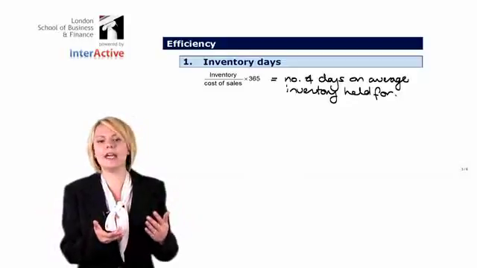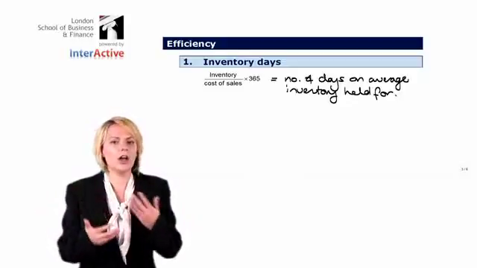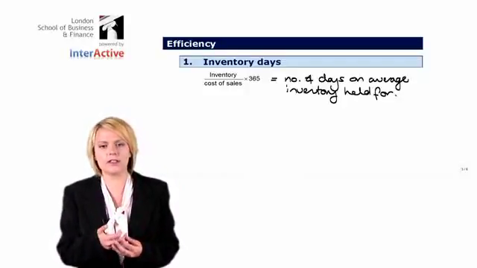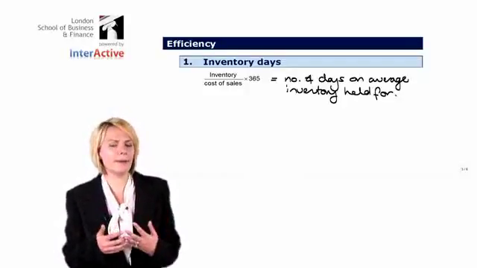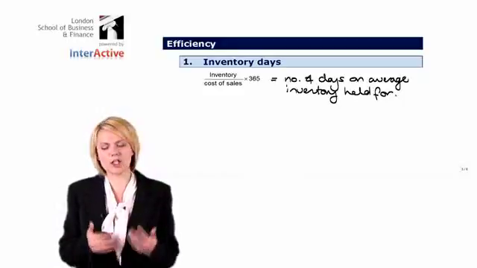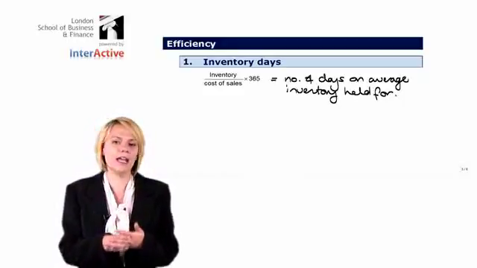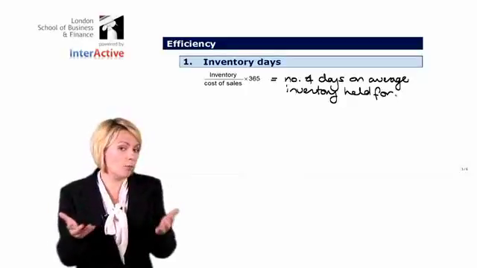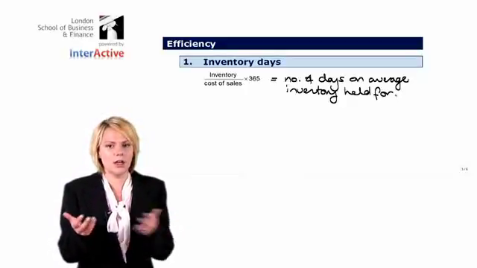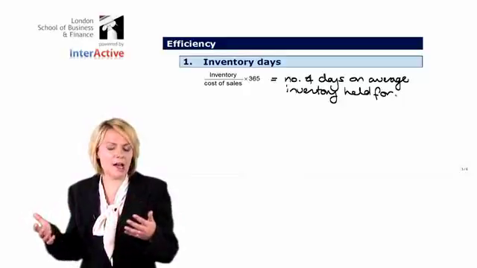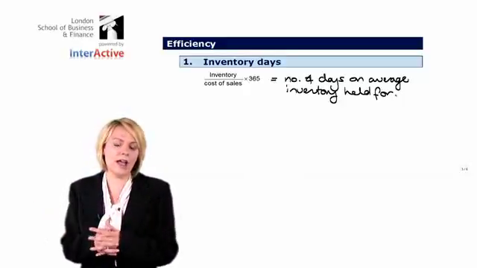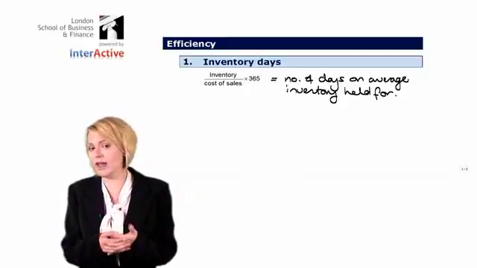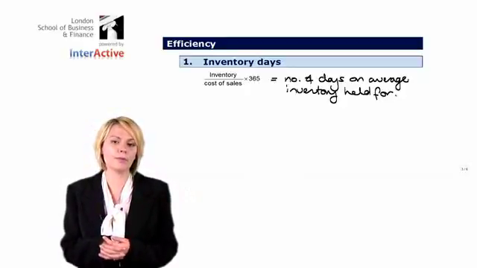Well in excess of a year, because they have a slow-moving inventory because it is the nature of their business. So really it depends on the type of business as to what is considered a healthy inventory holding period. For most businesses, no more than 30 days. But for construction companies, for house builders, inventory holding period could be well in excess of a year, and that would be considered normal.